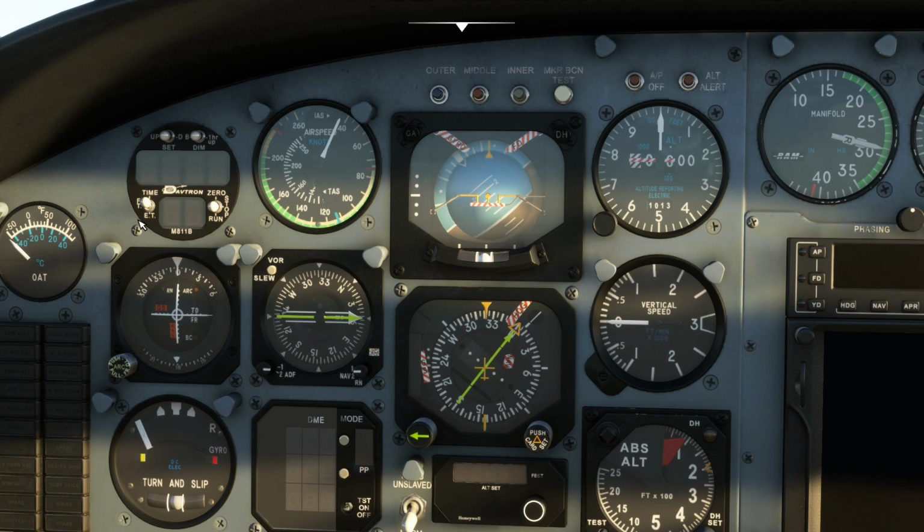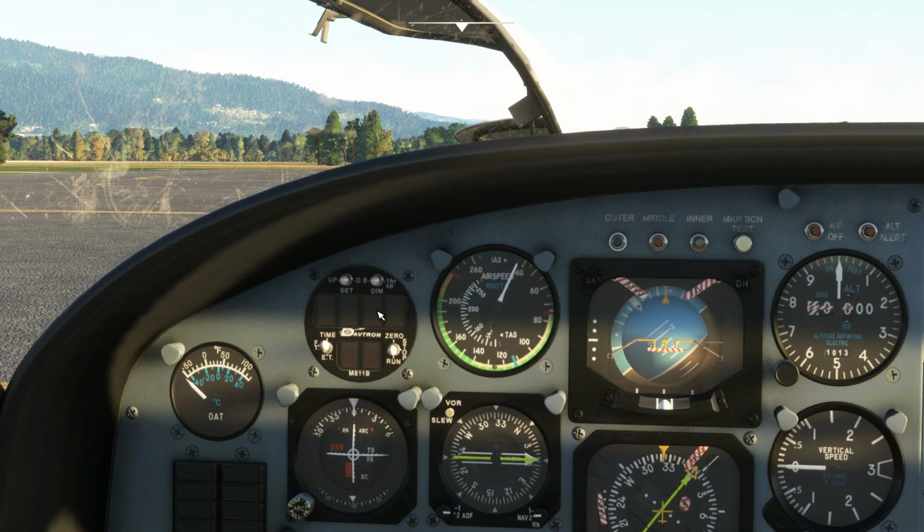This is the Davtron clock. Clocks are highly used in aviation, especially when you're doing a circling approach, which we may have to do today at Innsbruck.